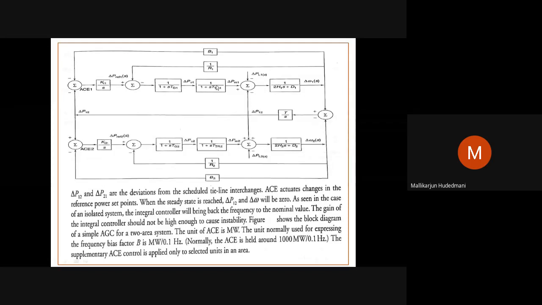The system was constructed very simply. We had earlier interfaced the interconnection between area 1 and area 2 as delta P12, the exchanged power, and a primary loop in area 1 and a primary loop in area 2, where P reference 1 was set earlier and left, and P reference 2 was set earlier and left.